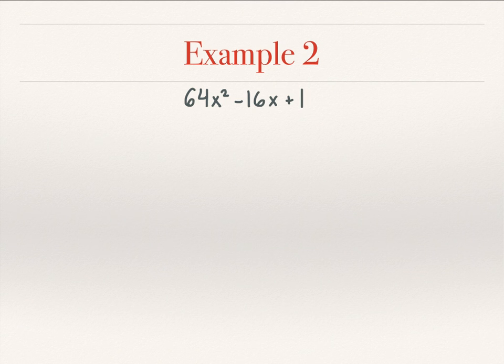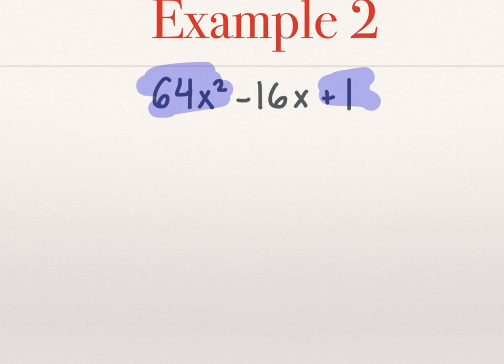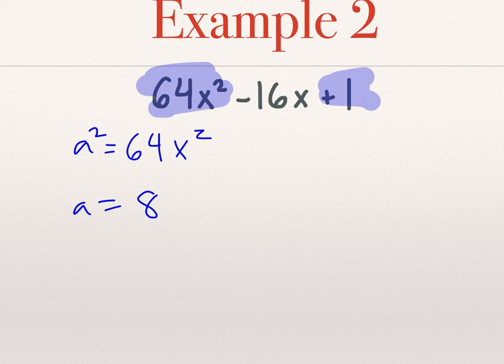All right. So we see that 64x squared is a perfect square, and 1 is a perfect square. So if a squared is 64x squared, what is a? 8x. Awesome, because 8 times 8 is 64. And then what is b?